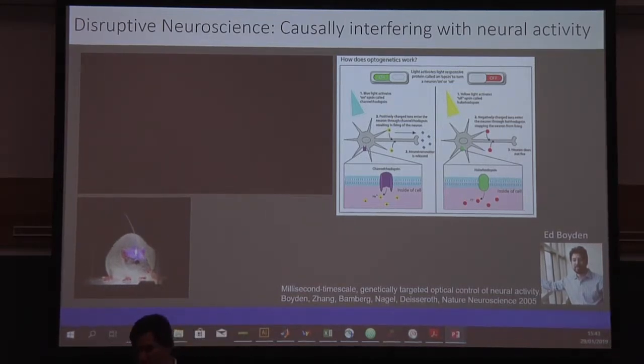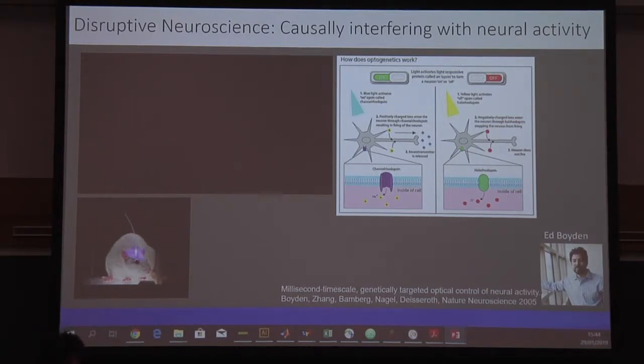And recently, through the work of people like Ed Boyden as well as many others, we now have the opportunity to be able to disrupt the system, either activating neurons or silencing neurons with unprecedented resolution.